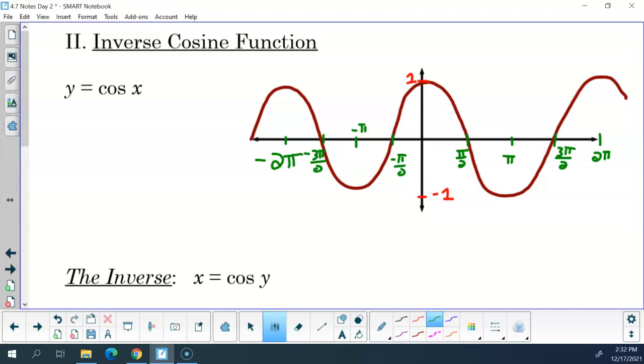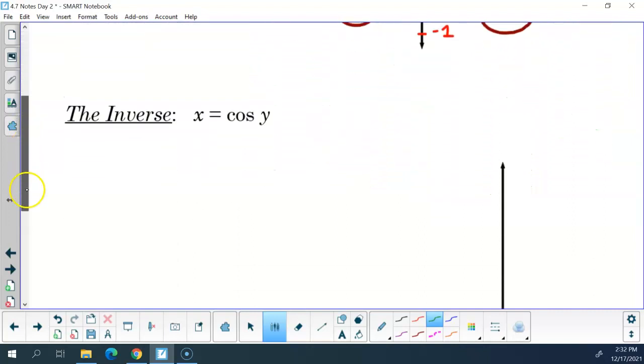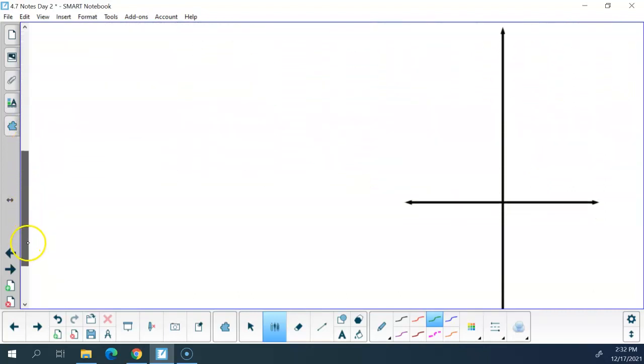Okay. So when we go to graph it, real cosine function goes through the point 0, 1, which means inverse cosine goes through the point 1, 0.